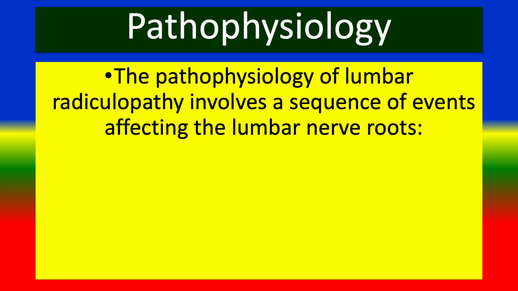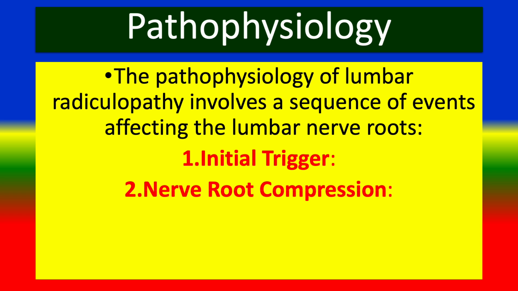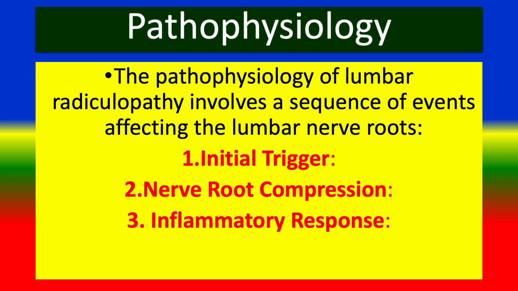The pathophysiology of lumbar radiculopathy involves a sequence of events affecting the lumbar nerve roots. First event: initial trigger. 2. Nerve root compression. 3.